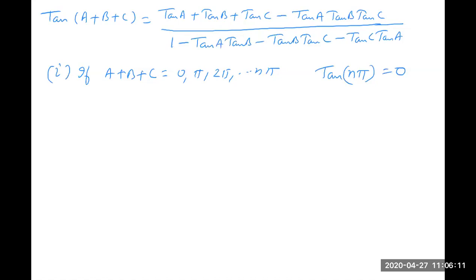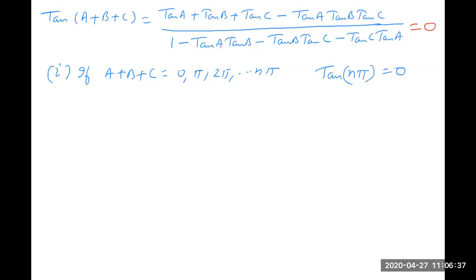For example, A, B, C may be angles of a triangle, but it must not be right angle. None of them is right angle. So in that case, what will happen? tan(A+B+C) is equal to 0. You can consider this is equal to 0 in this case.